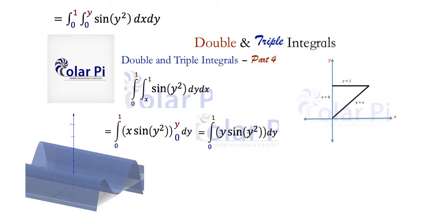Now, what is the antiderivative of this is the next question. Well, we're integrating with respect to y here, and so we'll have negative cosine of y squared times a half evaluated from 0 to 1, because the derivative of cosine of y squared is going to be negative sine of y squared times 2y.